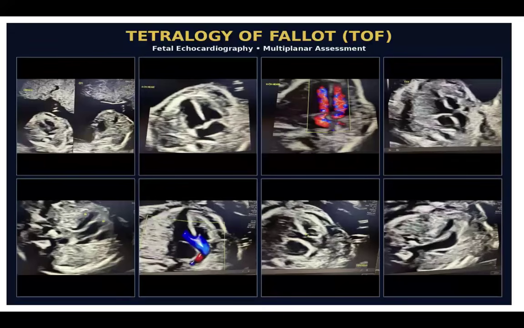Okay, now we're moving on to tetralogy. Now, I just had this case like 2 weeks ago, and I put the different variations of the pictures as through my scan. Notice starting with my situs, because I typically try to start with situs and confirm situs is normal.